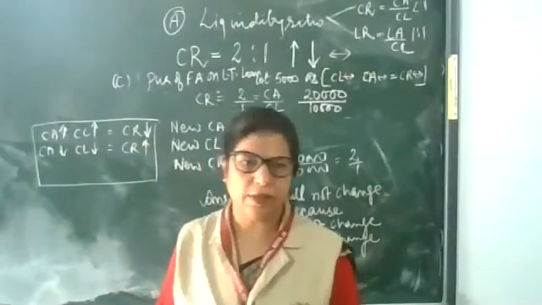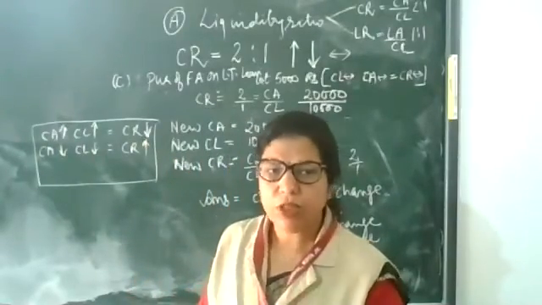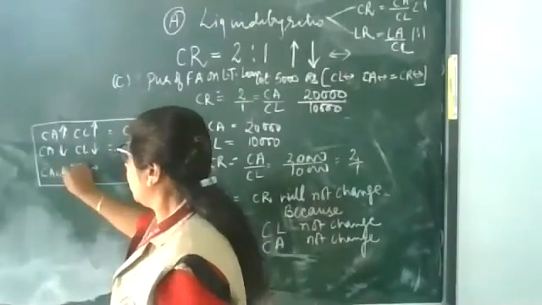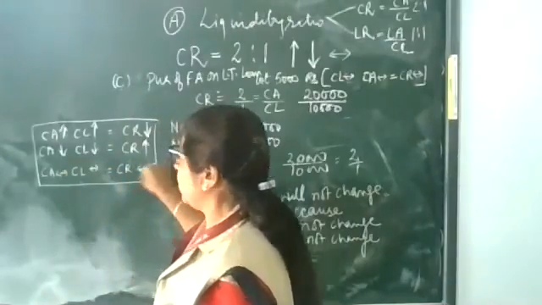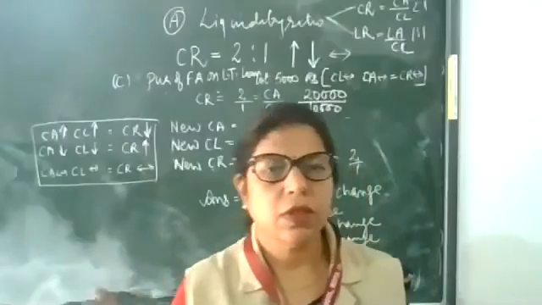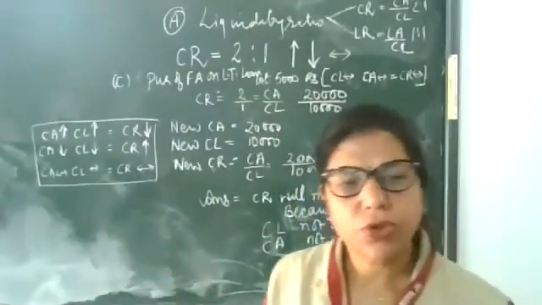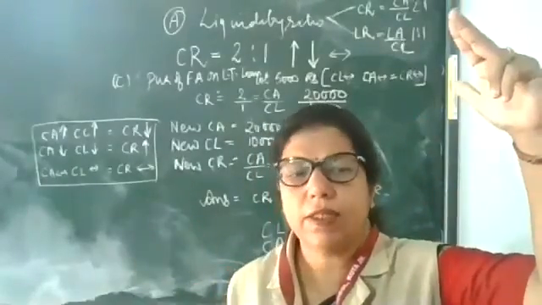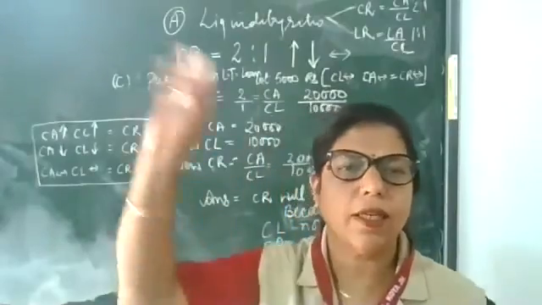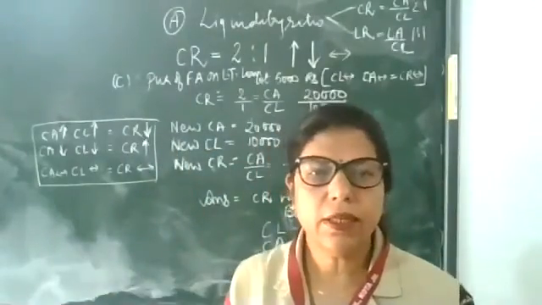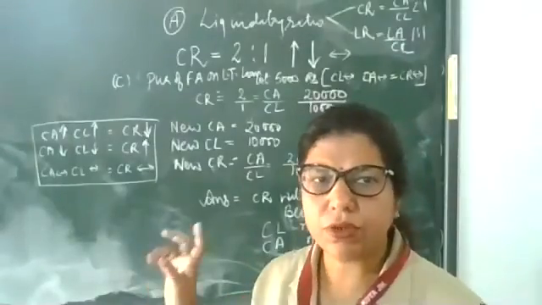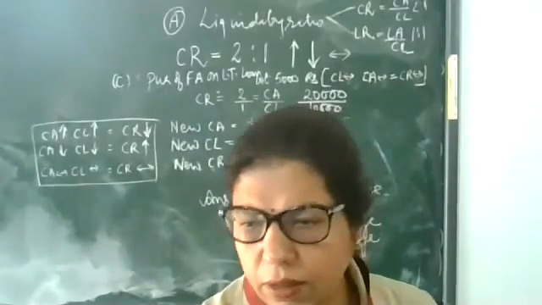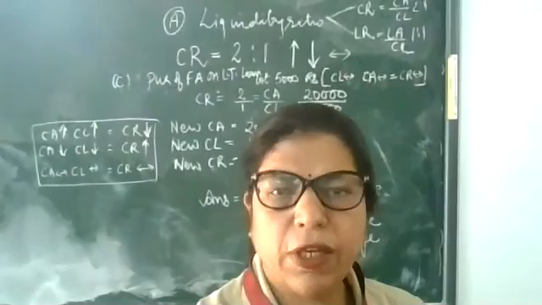And when CA and CL both are not changing, the current ratio will also remain the same. So you can learn it this way: CA, CL increase, CR decreases. CA, CL decrease, CR increases. Clear? I am sure you understood the way which I explained. If you have any doubt, you can ask.